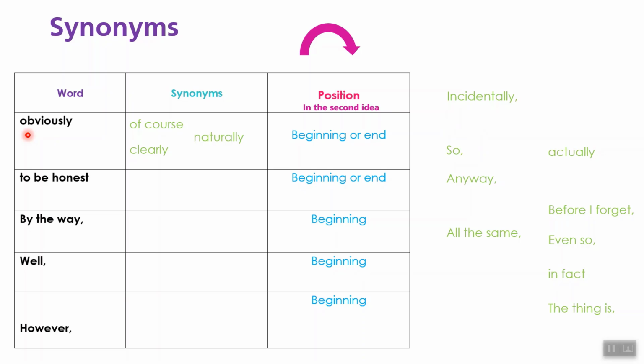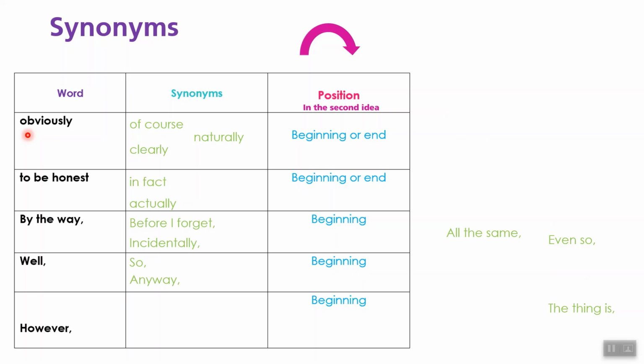Then, to be honest, some synonyms could be in fact and actually. Then, by the way, other synonyms could be before I forget, incidentally. Then synonyms of well could be so, anyway, and synonyms of however could be all the same, even so, and the thing is.